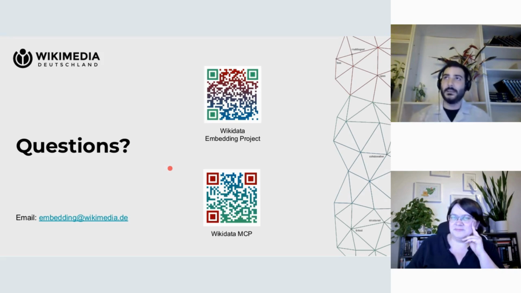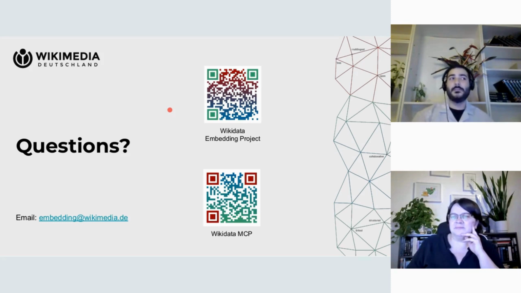But a few examples that I can think of, I have included a list of examples in the Wikidata embedding project, but retrieval augmented generation is one of them, with all the positive reasons that I listed in the slides.